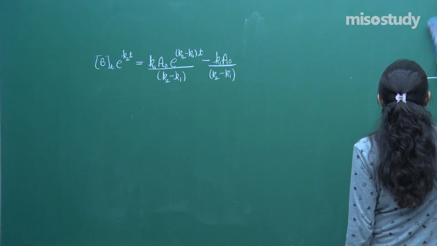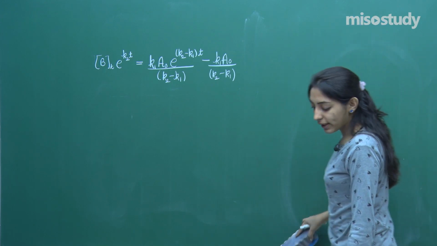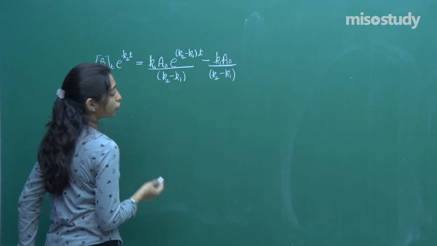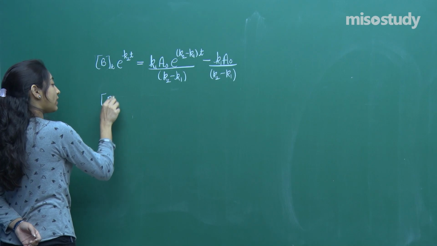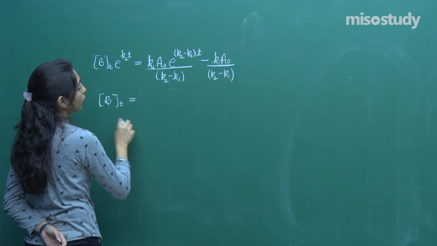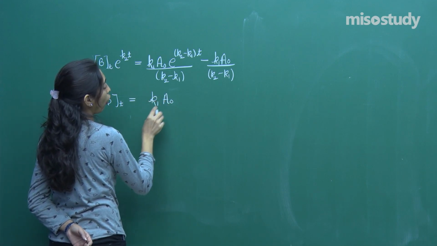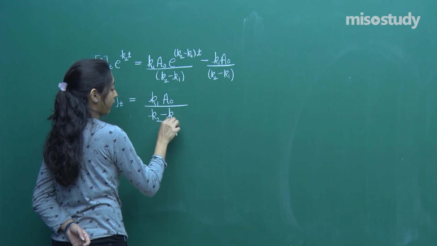So this is our final equation for B. Still we have not come up to the main result because it's still complicated. So now you just need to do the simplification. So you can say concentration of B at time t will be equal to k1 a naught divided by k2 minus k1.